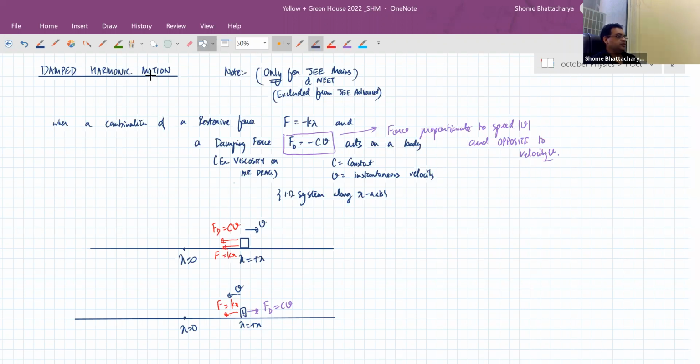Likewise, if the particle is on the negative side of the mean position, that's a negative x, the restorative force will act like this, but the direction of the damping force will depend on the direction of velocity. It will be opposite. If the velocity is like this, then the damping force will be like this.